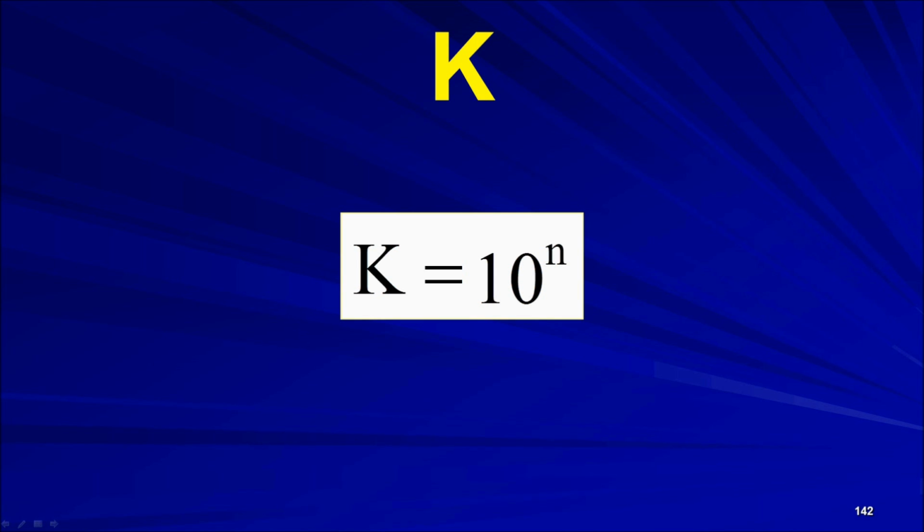If it's to the fifth, it would be 100,000. To the sixth, it would be 1,000,000. So that's an easy way to understand power, and everything is 10 to the nth power. So these k's can change and do, but they're all to the power of 10.